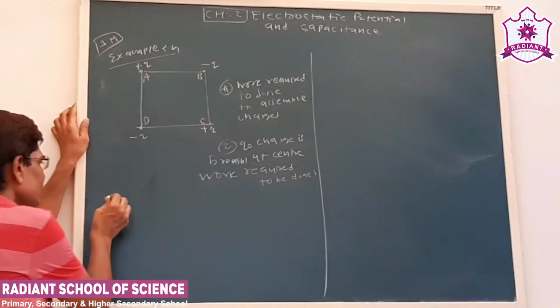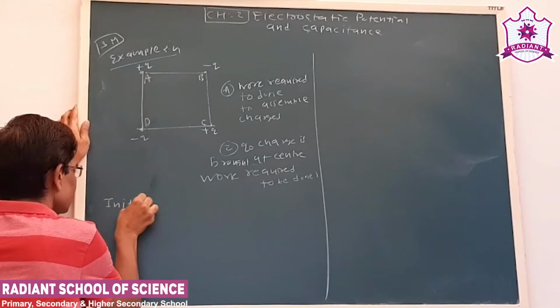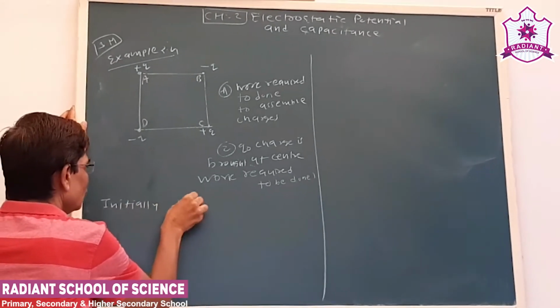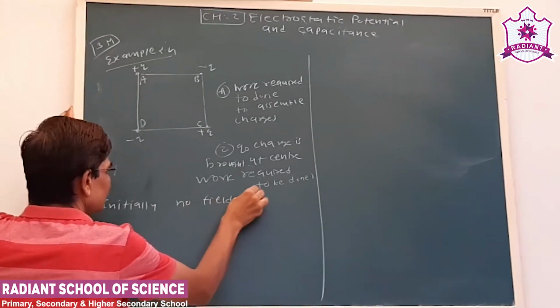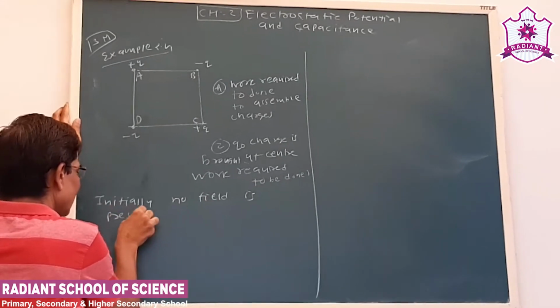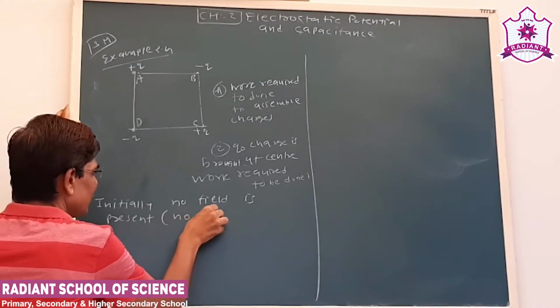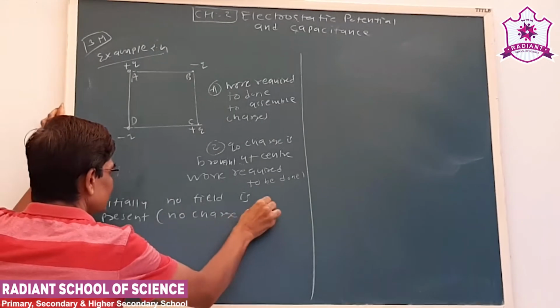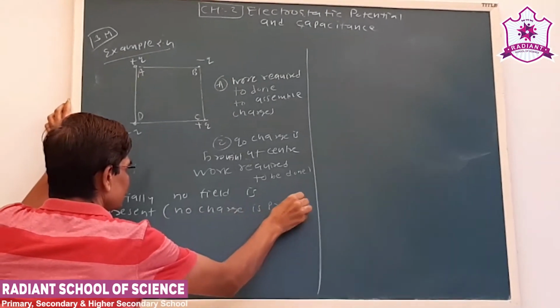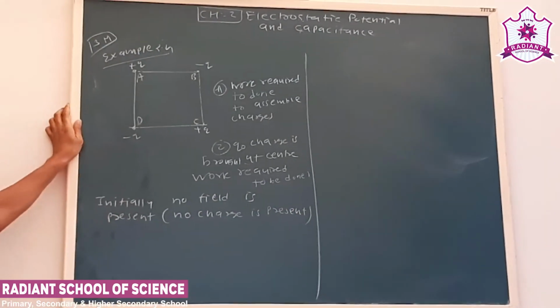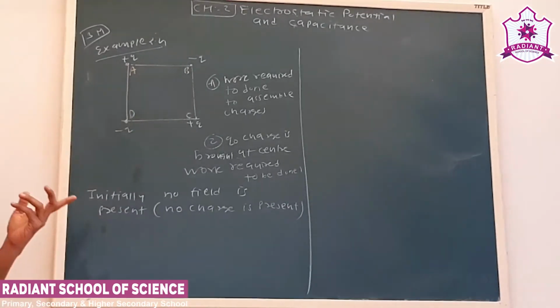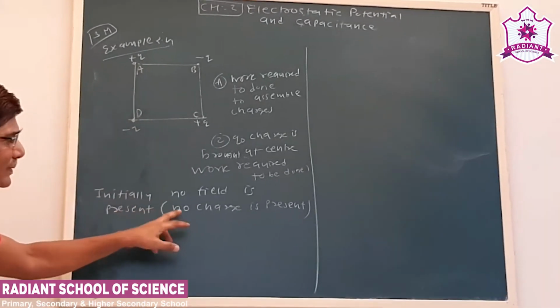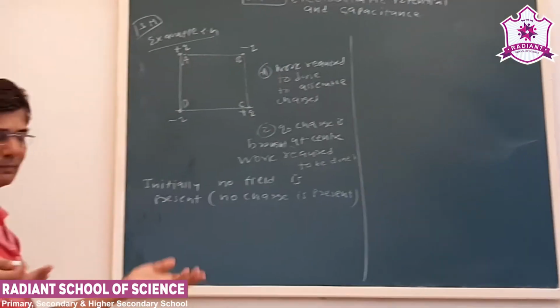Now initially no field is present. Why? No charge is present. So when we bring this plus Q charge at A, no field is present, meaning no potential, so the work done will be 0.